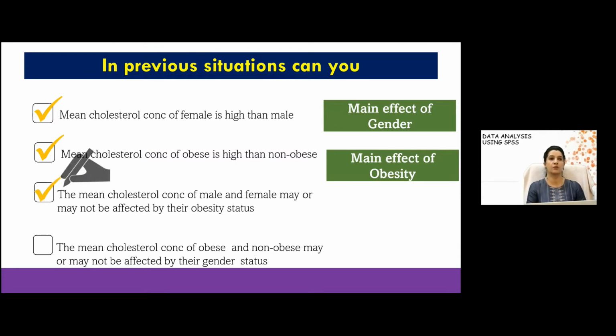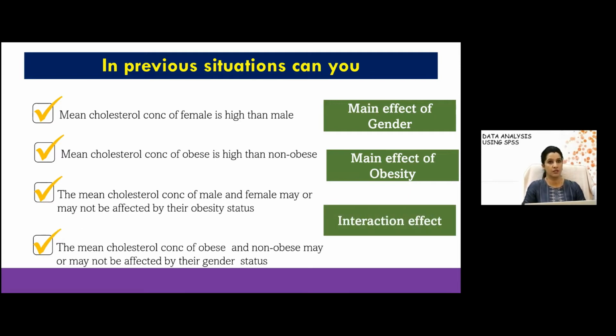And in the other 2 cases, we can say that the mean cholesterol concentration of male and female may or may not be affected by their obesity status. Or the other way around, the mean cholesterol concentration in various categories of obesity may or may not be affected by their gender status. So this is called the interaction effect.